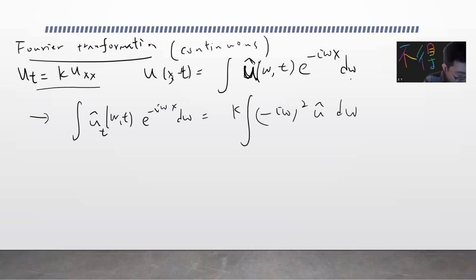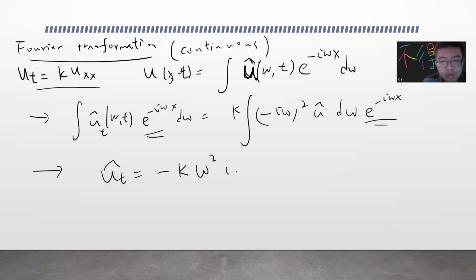There is a rigorous proof, but basically you can show that ut hat equals minus k omega squared u hat.